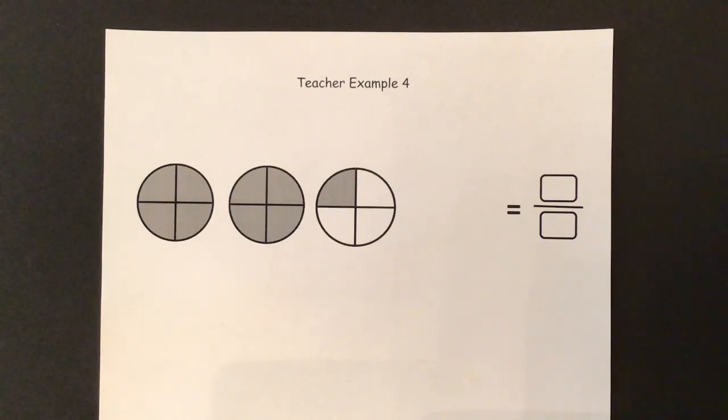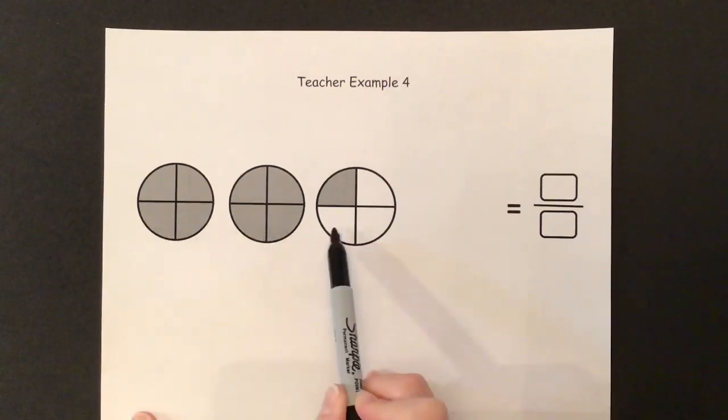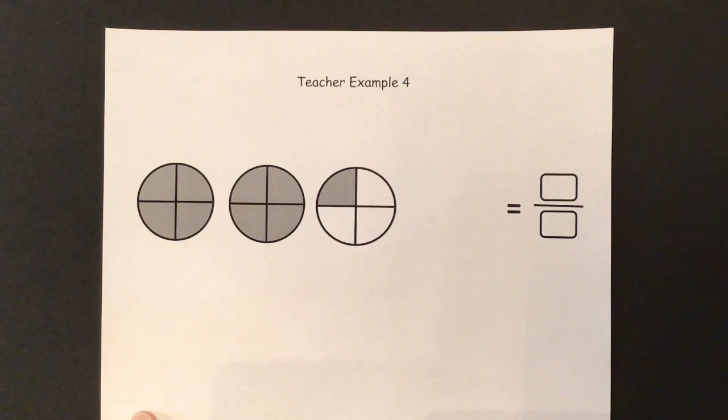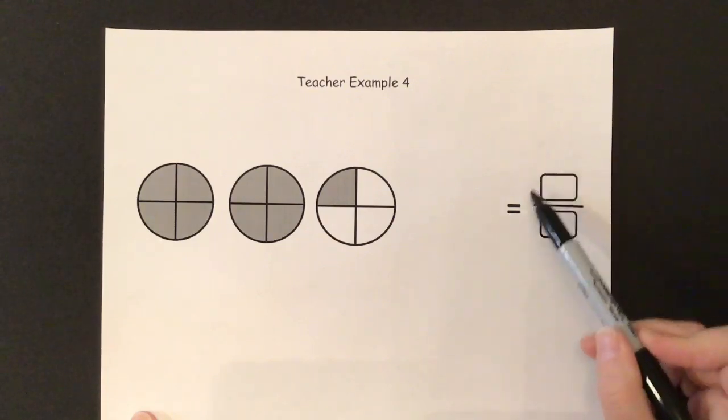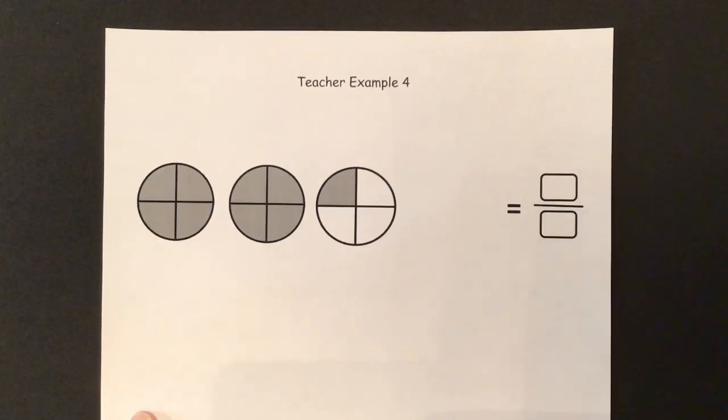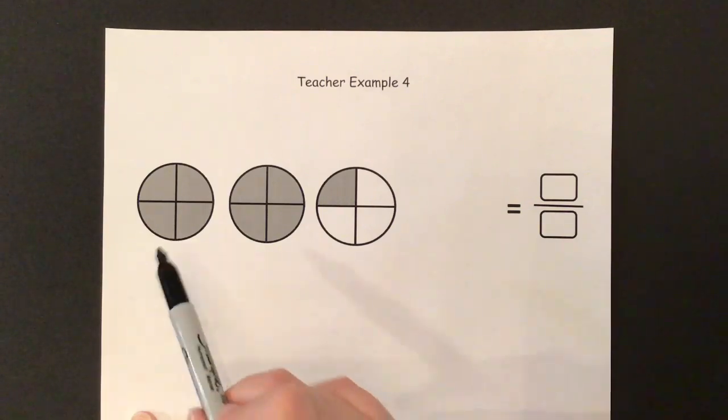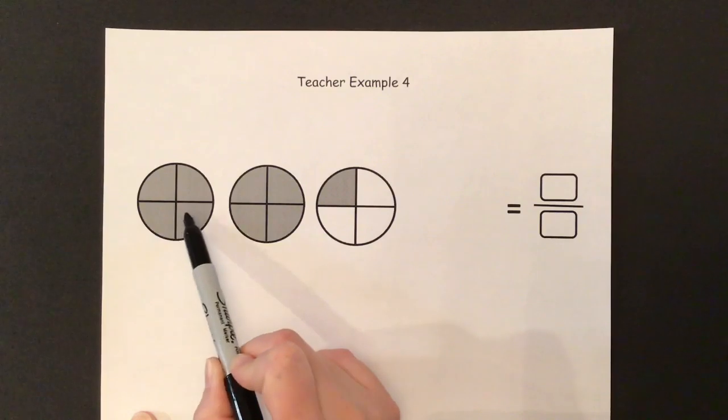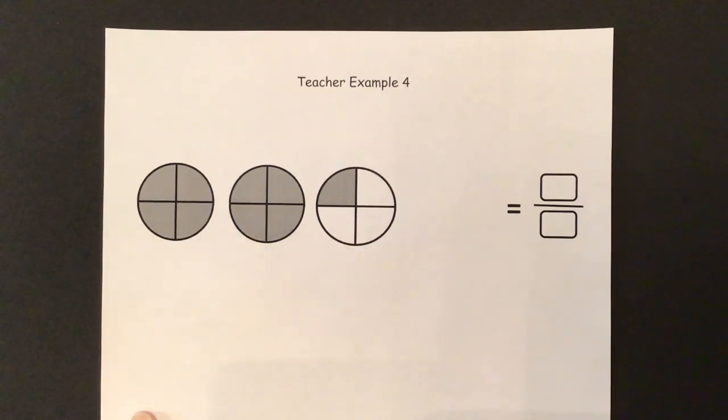Now that we've worked with fraction bars, let's look at fraction circles. And I can easily see the wholes again. This amount is greater than a whole, so this will be an improper fraction. We need to find the denominator first. We can go ahead and count how many pieces the whole has been split into.